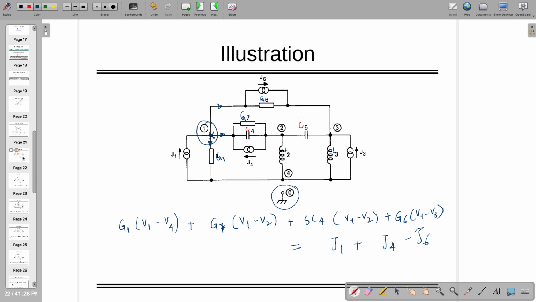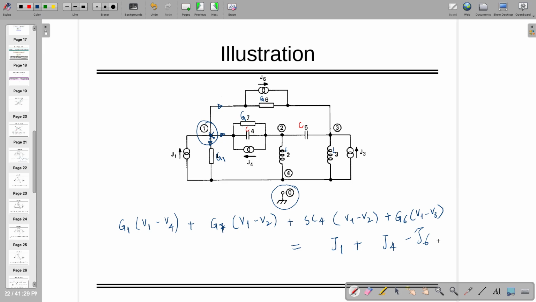How do I find? Look, as per what KCL says. What does KCL say? But you told me that you know mesh analysis, current analysis, no? That is what I'm writing right now. All these equations are like that, no?